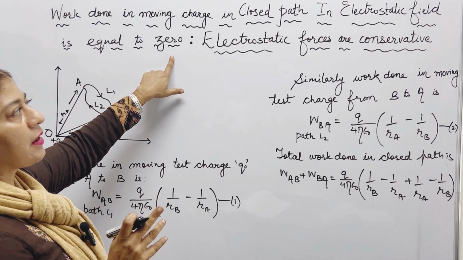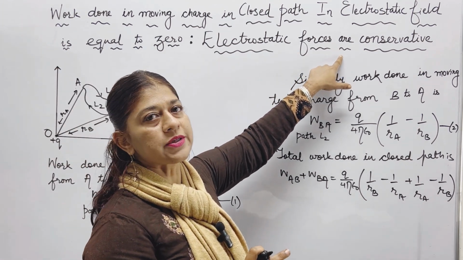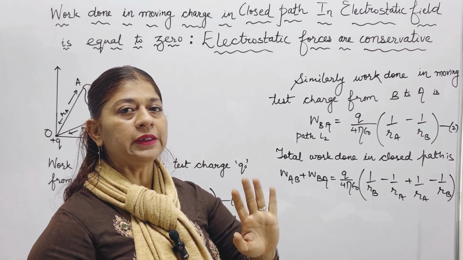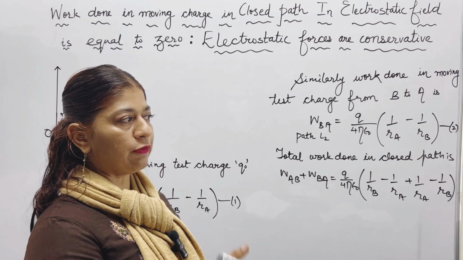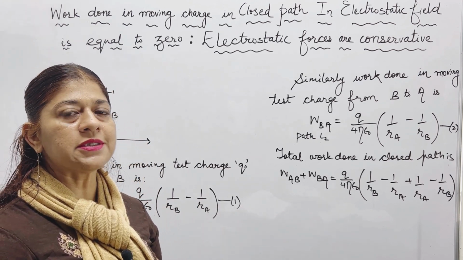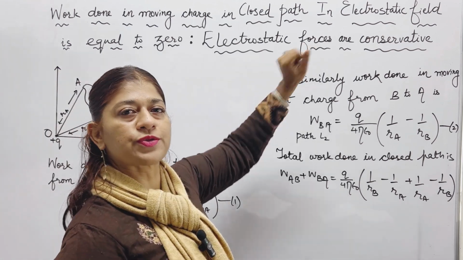And if this is the condition, it confirms that electrostatic forces are conservative in nature, as it is not depending upon the nature of path, it is depending upon the initial and the final points. And for any closed path, if the work done is coming out 0, it means it is conservative in nature, and that is what electrostatic forces are.